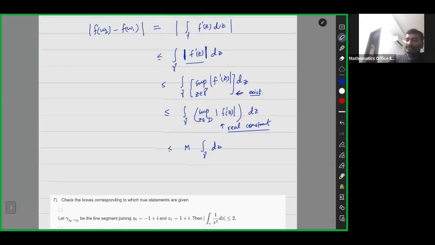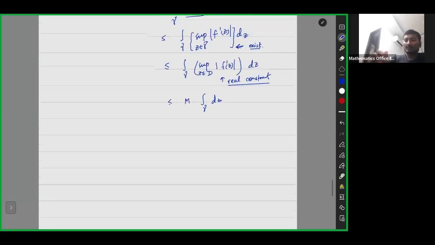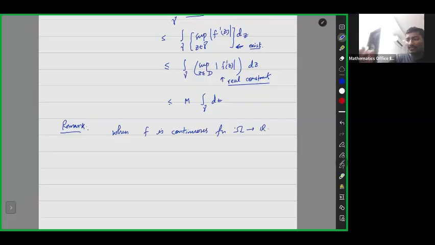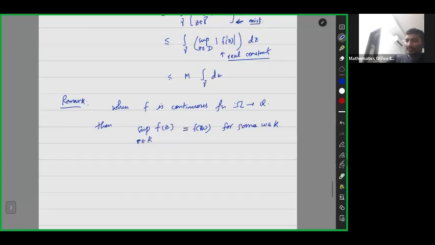Okay. As a remark, when f is a continuous function from some set omega to the real numbers, then the supremum of f(z) for z belonging to K exists and is equal to f(w) for some w belonging to K, when K is compact.